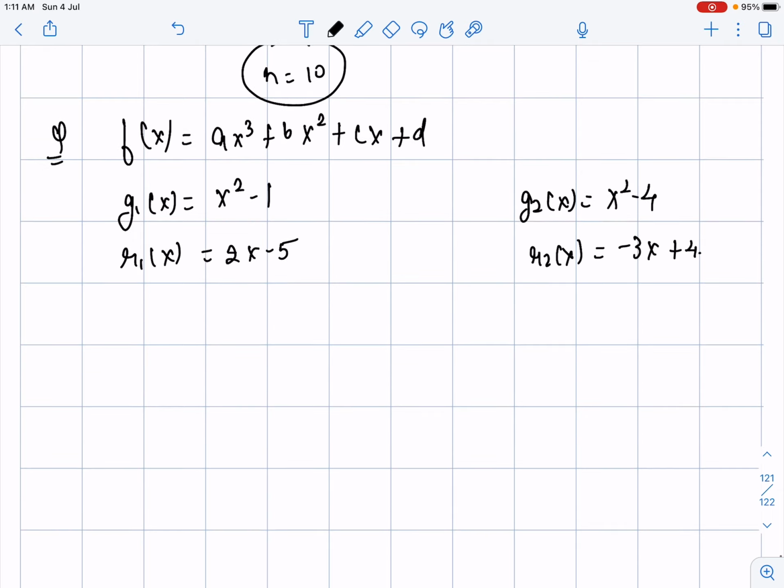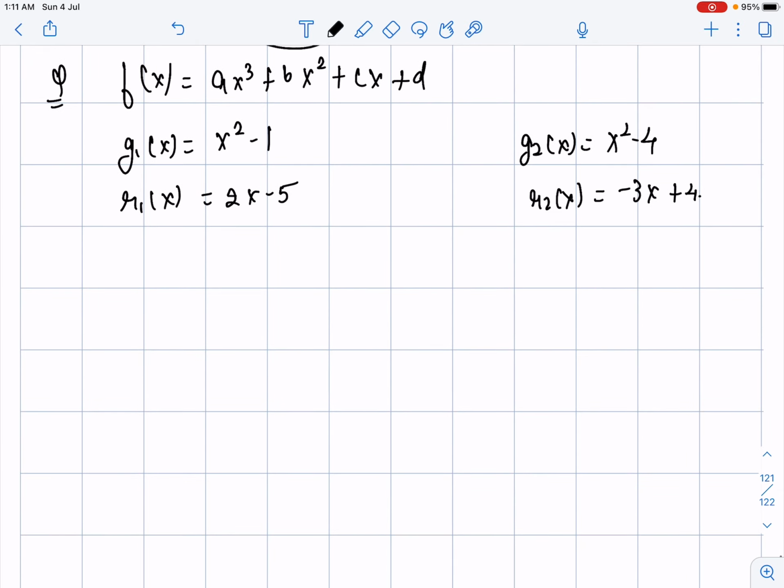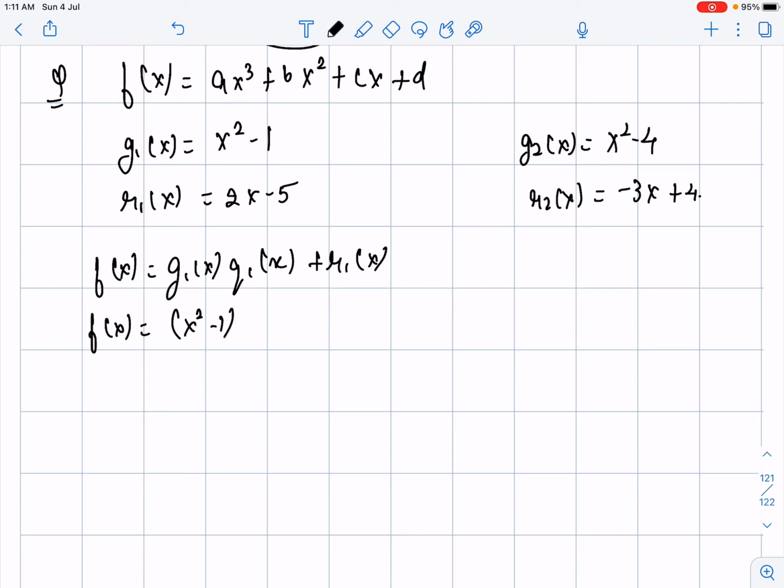Now we will write the division algorithm. f of x is equal to g1 of x multiplied by q1 of x plus r1 of x. So that will generate f of x is equal to x square minus 1 multiplied by q1 of x plus 2x minus 5.